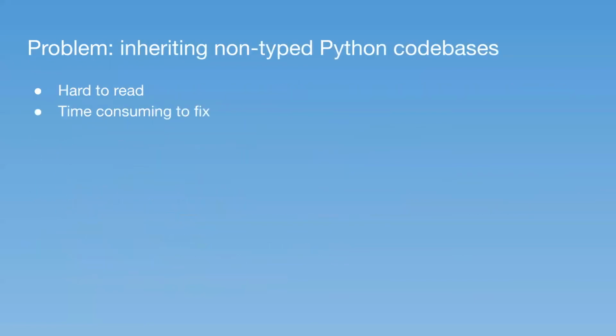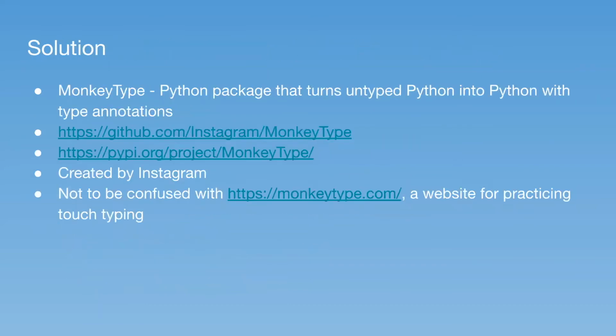If we just go back to our problem a second, the problem we're tackling is that we're inheriting lots of Python code bases that aren't typed. And they can be gigantic, as we know. So what's the solution? Well, a solution, I'm going to go for at least, is MonkeyType. It's a Python package that turns untyped Python into Python with type annotations.